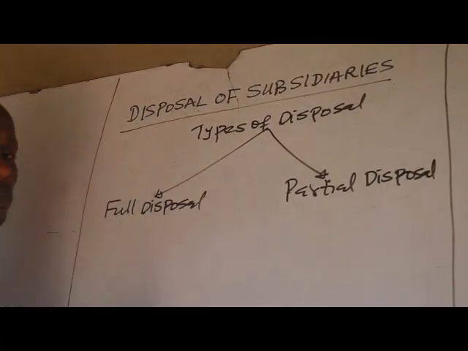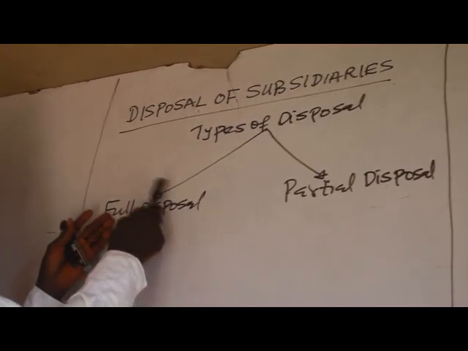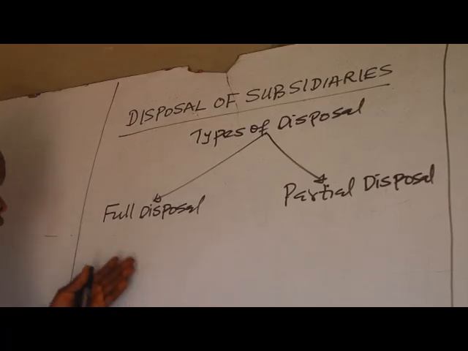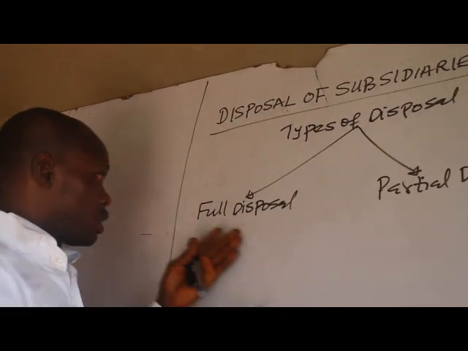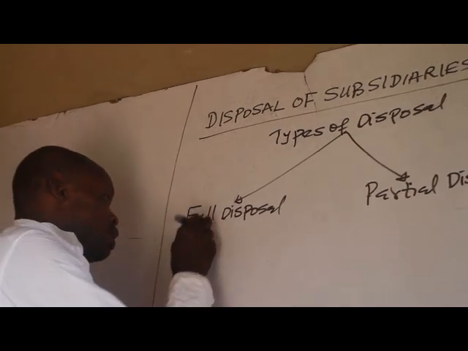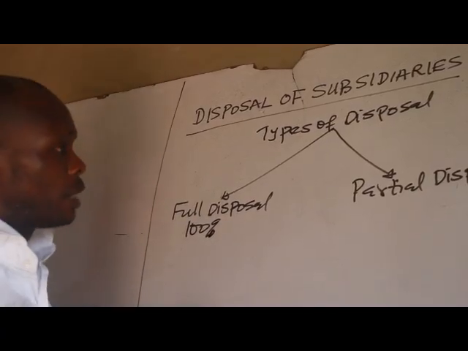Full disposal is when the entire shareholdings of the parent company in the subsidiary company is disposed, where the entire shares of the parent company in the subsidiary company are sold. That is everything, 100% is disposed of.